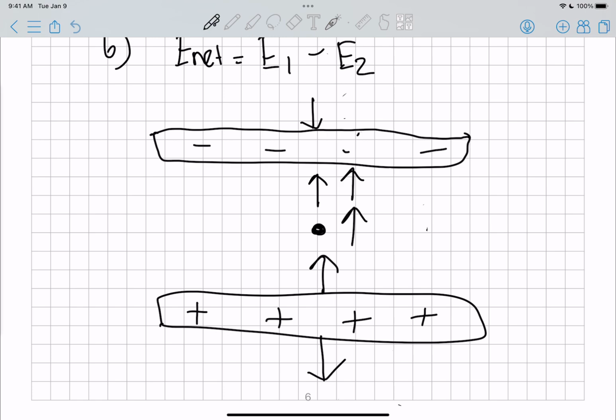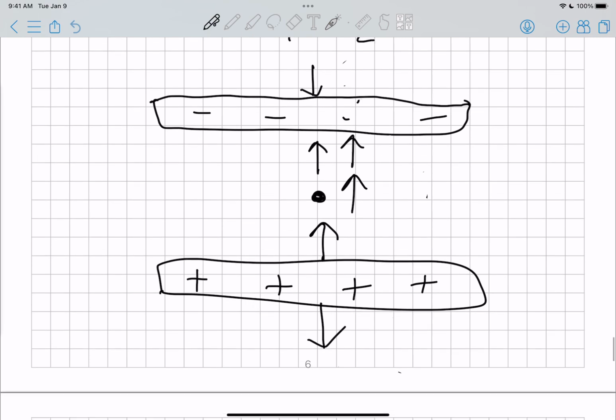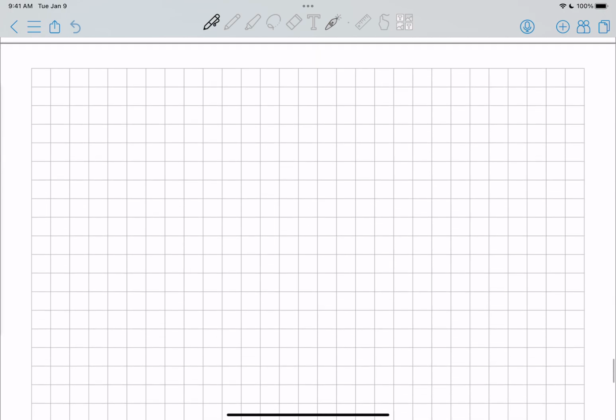So your E net is made up of an E1 pointing upwards and an E2 pointing upwards, right? Whether you have E1 as positive or E2 as positive or negative is just dependent on the direction.